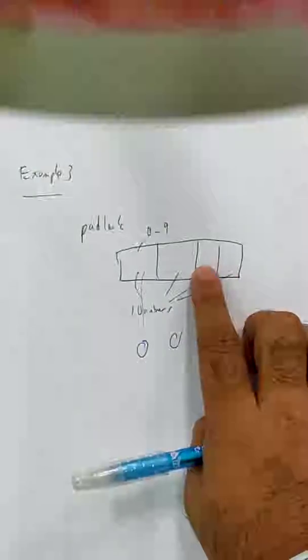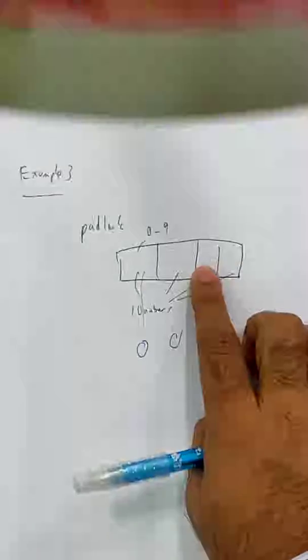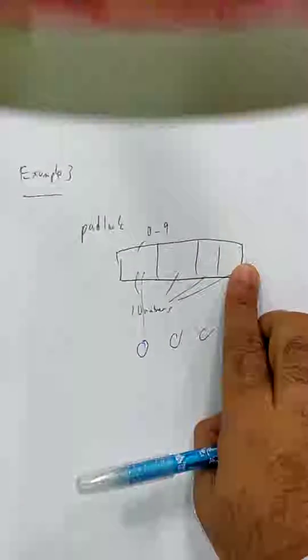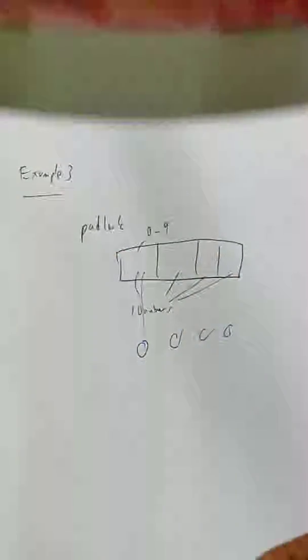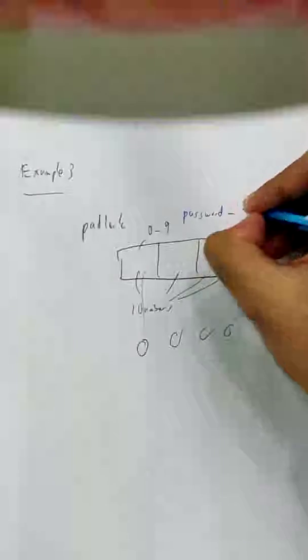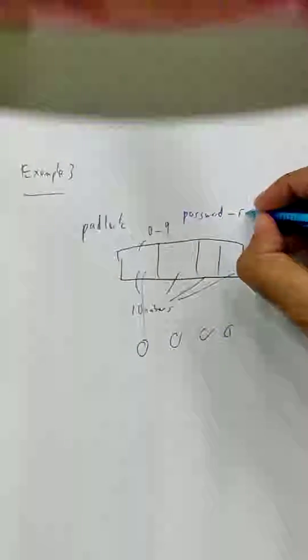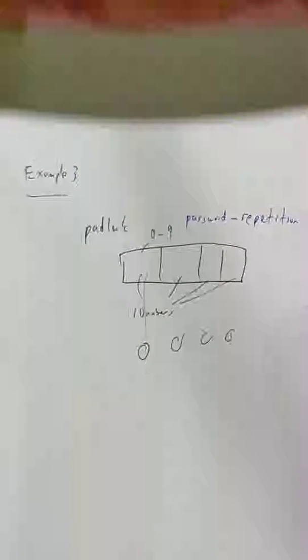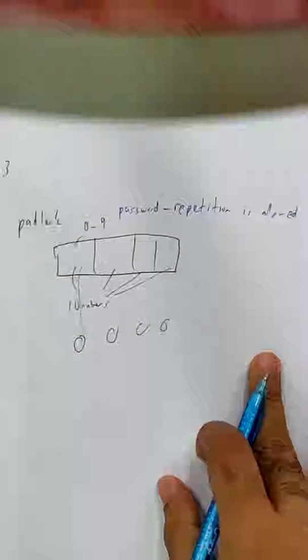This one, how many numbers do you have? Still 10 numbers. This one, still 10 numbers. So the idea of a password is where we say repetition is allowed. You understand me?